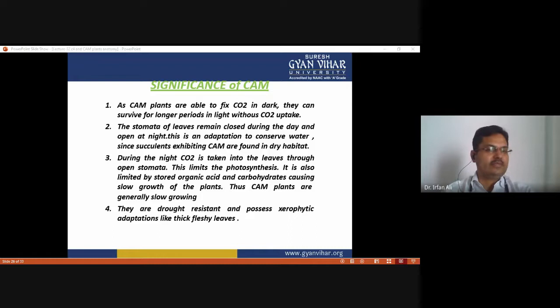During the night, carbon dioxide is taken into the leaves through open stomata. Photosynthesis is limited by the stored organic acid and carbohydrate, causing slow growth of the plant. Thus, CAM plants are generally slow growing compared to C3 and C4 plants. They are particularly drought resistant and possess xerophytic adaptations like thick fleshy leaves.